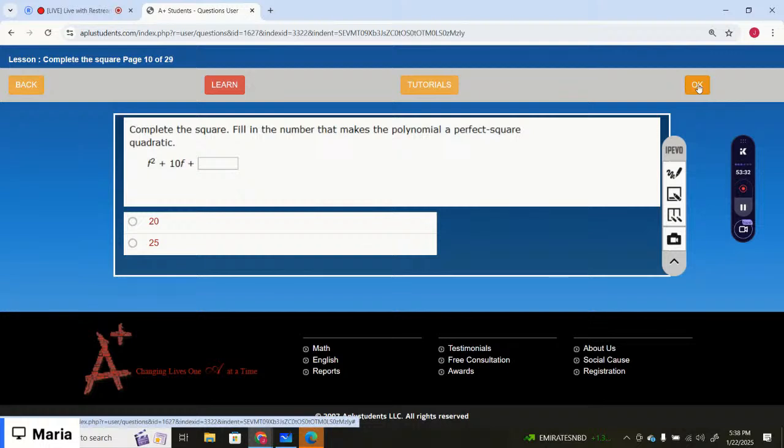Complete the square. F square plus 10f plus the missing number. So which number is missing?